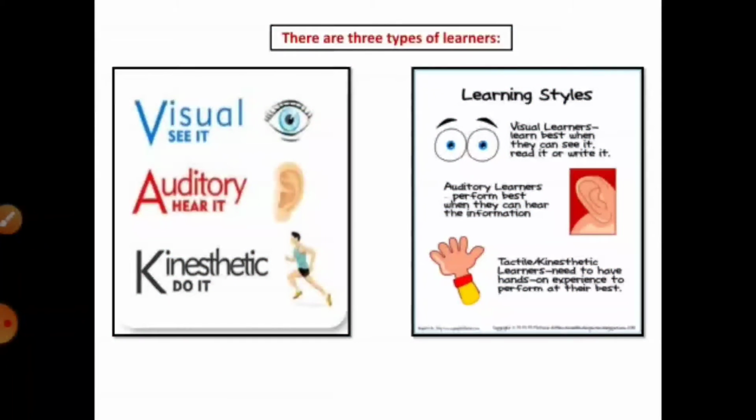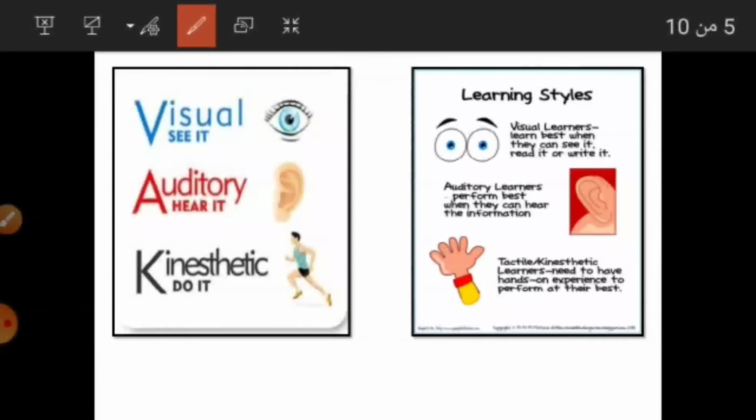Then again, we have 3 types of learners. The first one is what? Visual learner. See it. Then each one of these types كل واحد من هدول الأنواع بيعتمد على الحاسة. Okay. So the second one is auditory. Hear it. Okay. The third one is kinesthetic اللي هي do it. Now let's continue.